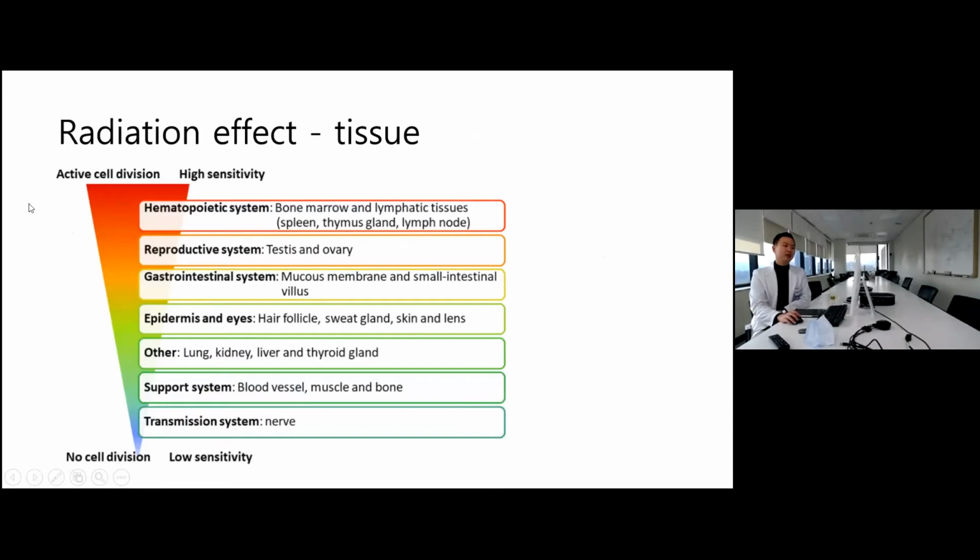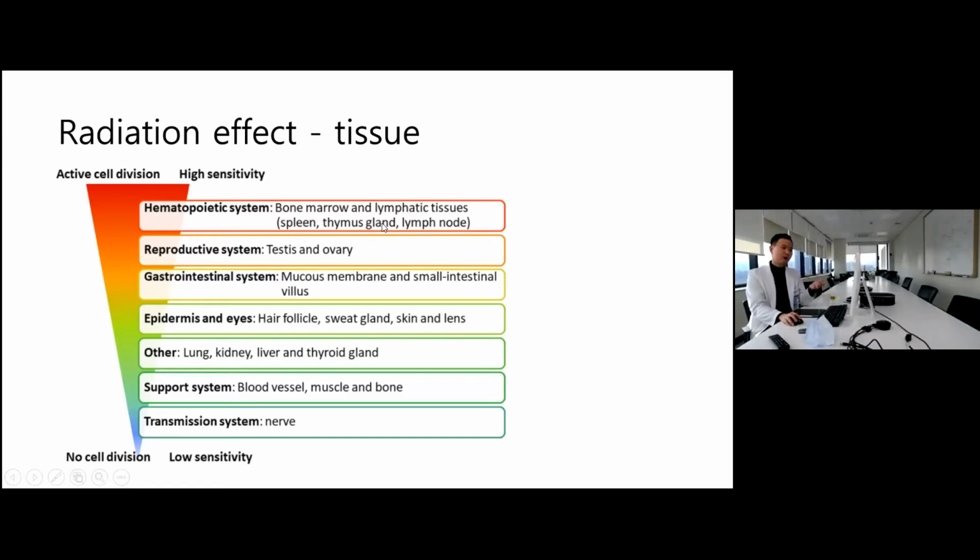And after the cell effect, we can move on to how radiation has an effect in tissues. Generally, it is known that actively dividing cells tend to show higher radiosensitivity, for example hematopoietic cells.